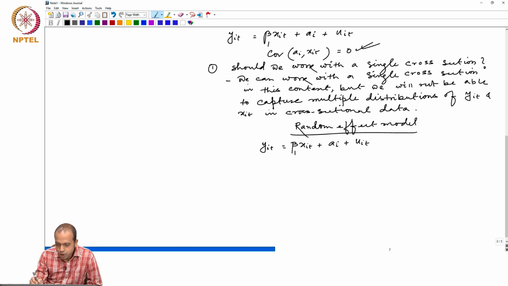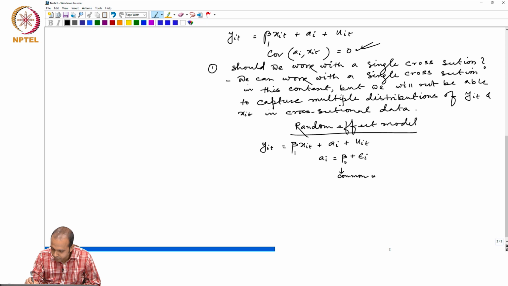Now, I will decompose this unobserved effect AI as beta 0 plus epsilon I. Beta 0 is the common unobserved effect, or I can say the average, and epsilon I is a random deviation from beta 0.